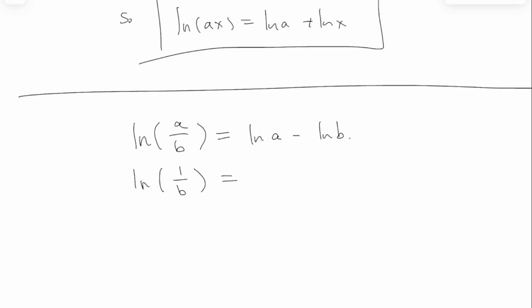Natural log of 1 over b? It's not 0. It has to do with b somehow. Yeah, it's negative ln b.